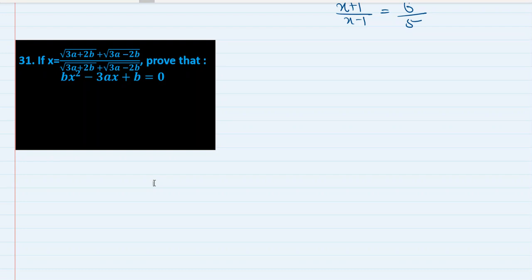Let's finish the chapter. So the value of x is given to you. It is root 3a plus 2b plus root 3a minus 2b upon root 3a plus 2b plus root 3a minus 2b. Hey, there is some mistake over here, because the numerator and denominator look exactly the same. I think there should be a minus sign in the denominator. Let us check.